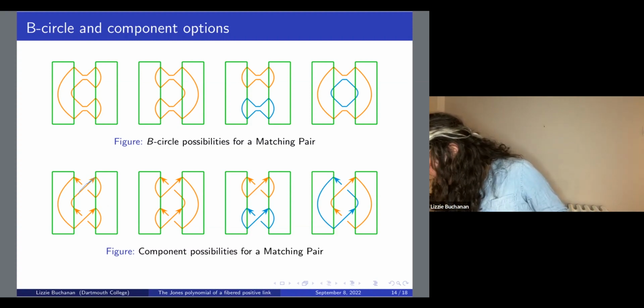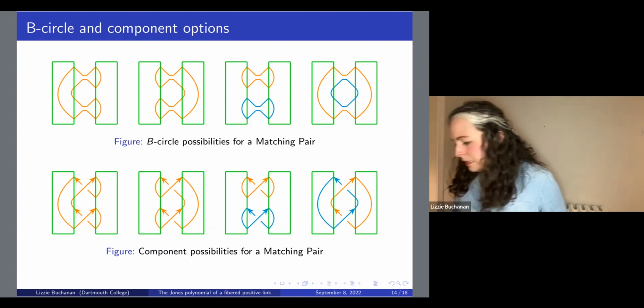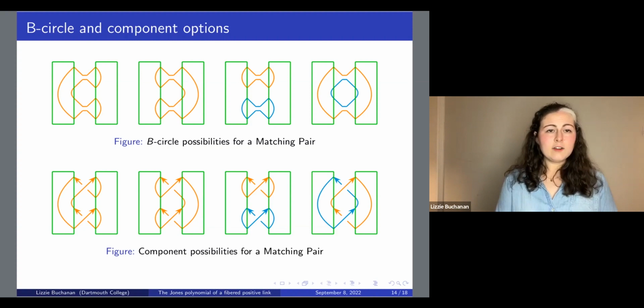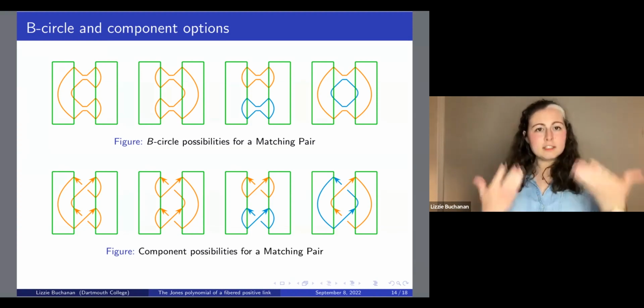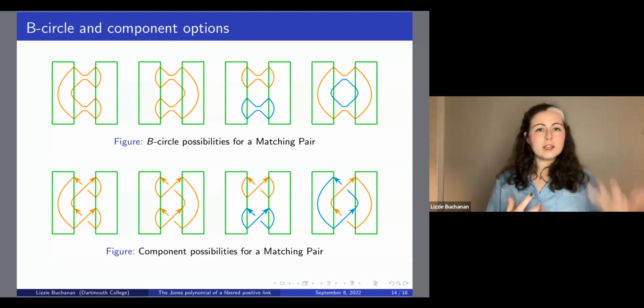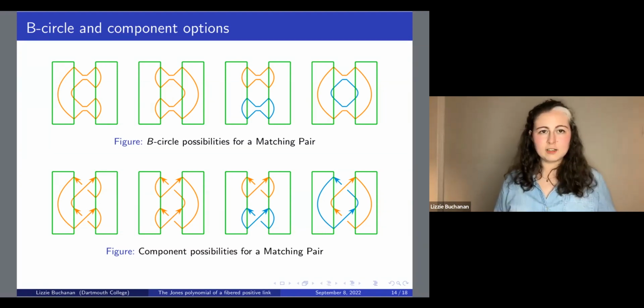So I have these B circle possibilities and I have these component possibilities. And certainly from looking at these diagrams, they are almost exactly the same. And the colors are also suggestively hinting that there is a lot of similarity going on here. There's a lot of connection.